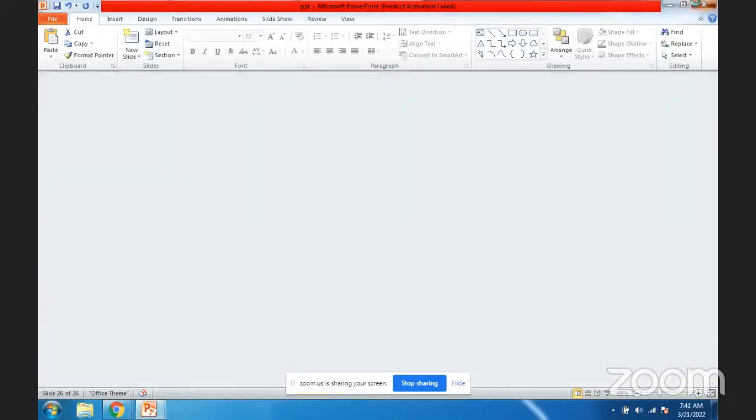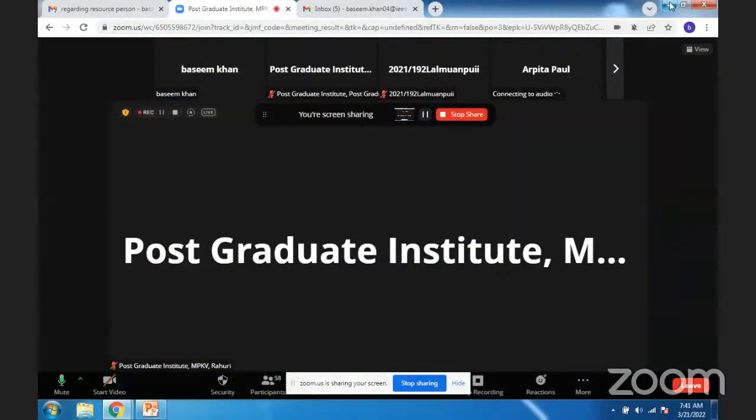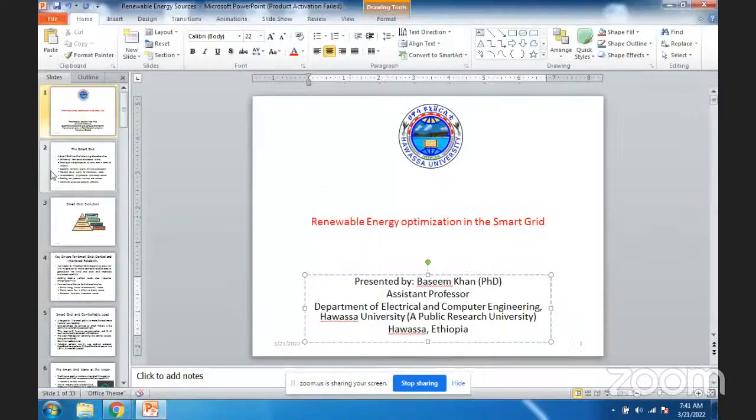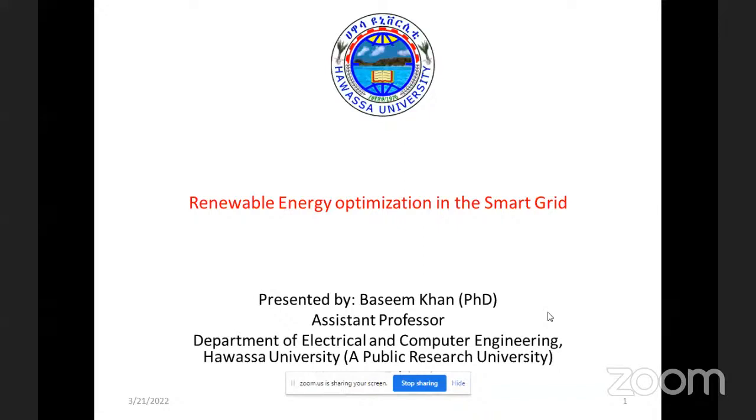There is one more small presentation which I want to show, on how you can select your research problem. I take an example of one dominant research problem inside the power system, and that is renewable energy integration inside the power system.